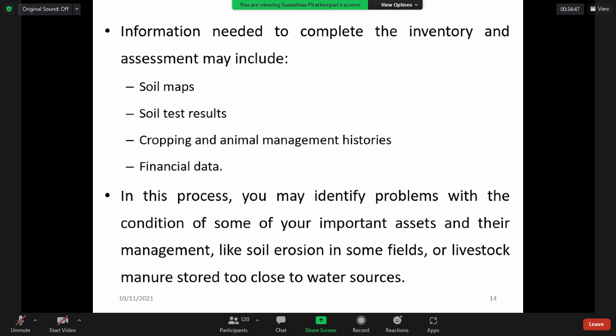Those things we can easily assess and get more idea, and we can also find the problems related to the farm. For example, when we have a biogas tank, there is a mandatory rule that the tank should be at least 20 meters away from the water source. So we have different conditions to have a farm.